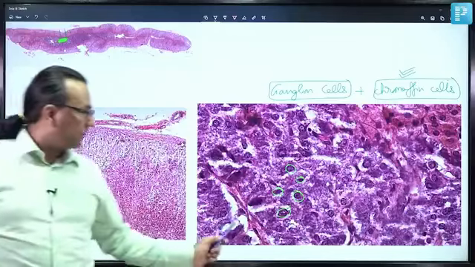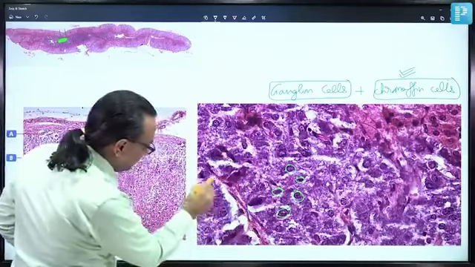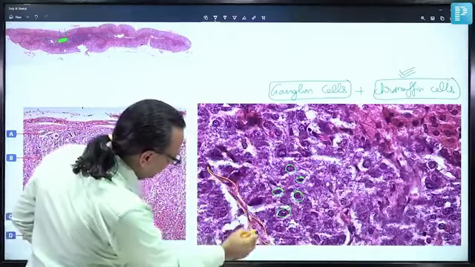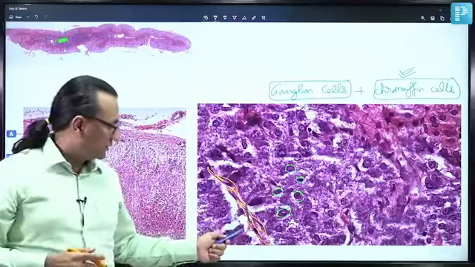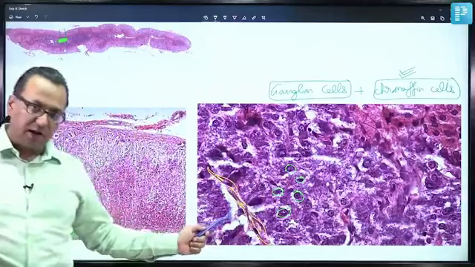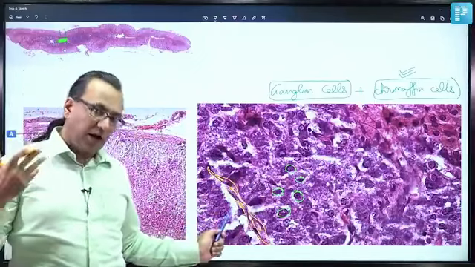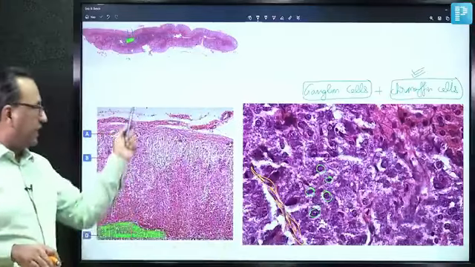So this was the magnified view of adrenal medulla, along with a few blood vessels, as you can observe here. The fenestrated capillaries and sinusoids will obviously be there to absorb the secretions of adrenal medulla, which are adrenaline and noradrenaline. Adrenal gland is an endocrine gland, so it is highly vascular.